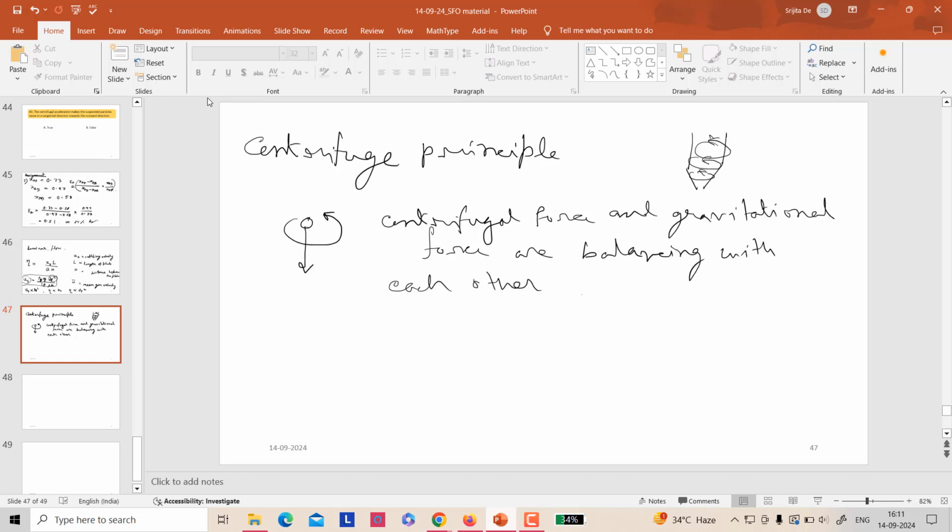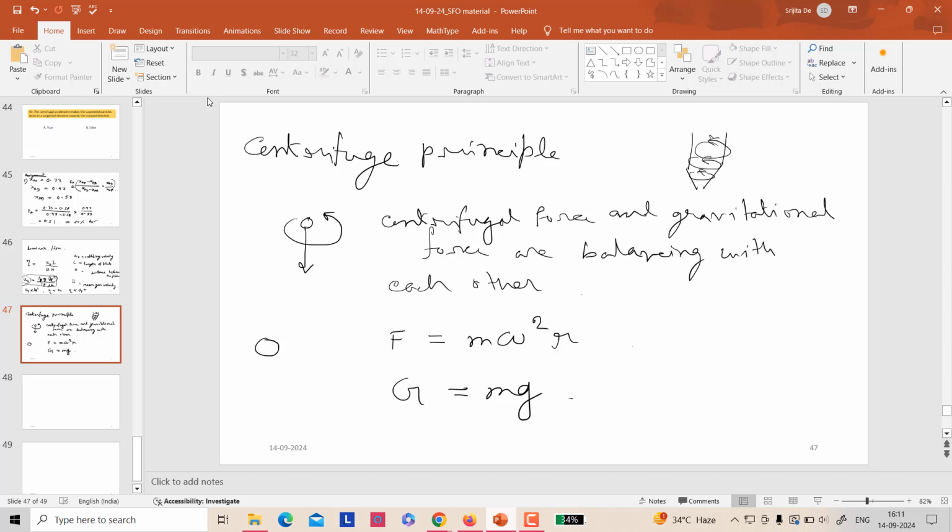Finally, the centrifuge is happening. For this particle, the centrifugal force is F, that is m omega square r. m is the mass of the particle, r is the radius of the centrifuge, and omega is the rotational speed, right? And the gravitational force is G, which in general is G equals mg.